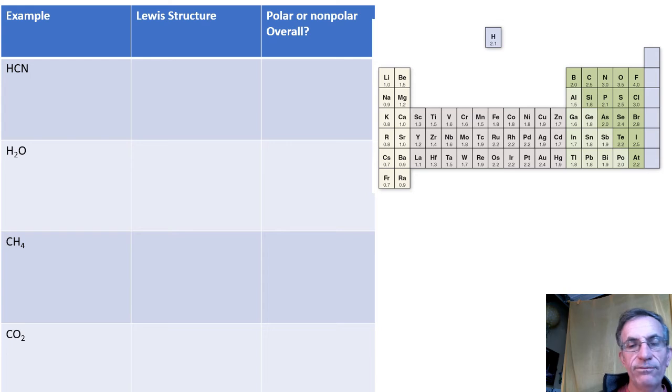All right, so let's say we want to determine whether these molecules are polar or nonpolar. One thing I should tell you: if you want to decide whether a molecule is polar or nonpolar overall, you can't do it by just looking at the formula. You really need to take the time and draw out the Lewis structure. So step 1 is to draw out the Lewis structure.